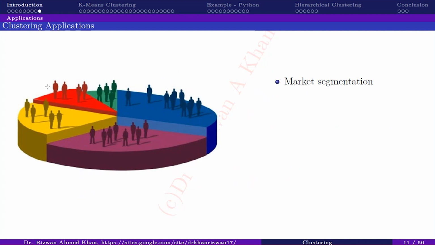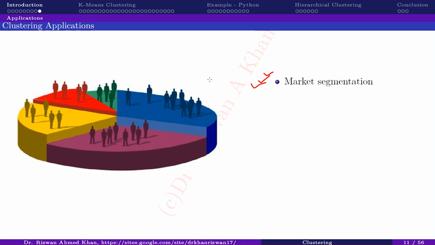Now, having a brief idea of unsupervised learning, we'll see where we can apply it, what the application areas of unsupervised machine learning algorithms are. First and foremost, it is used in market segmentation, for example by advertising agencies.